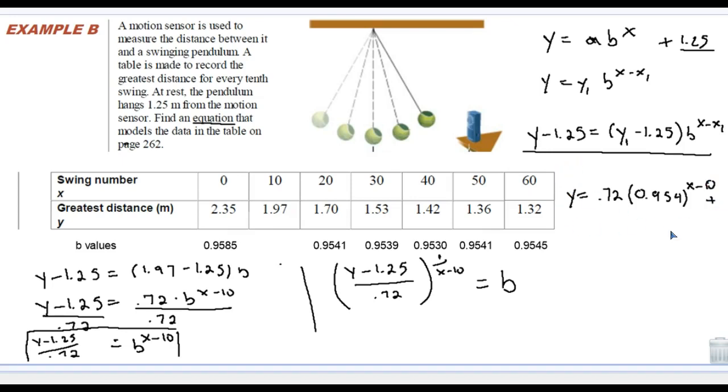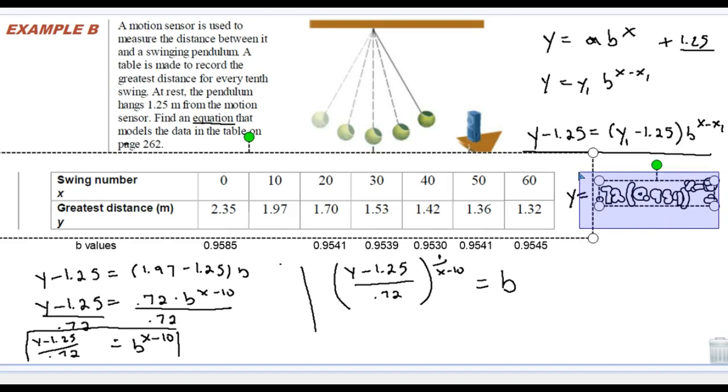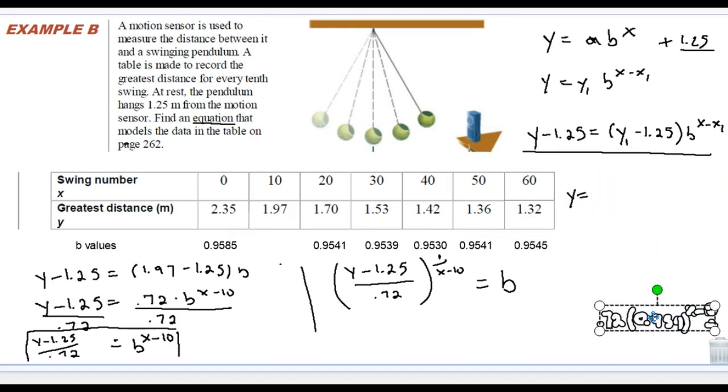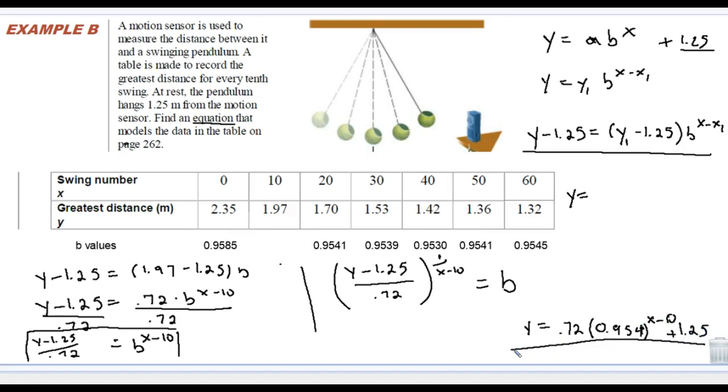I am running out of room, so let's just try this again. Let's just get all these guys. Oh boy, okay, we're just going to write it down here, and we'll try again and move it over here. There we go. So we can say y equals 0.72 times 0.9541 to the x minus 10, plus 1.25. All right, and there would be our equation.